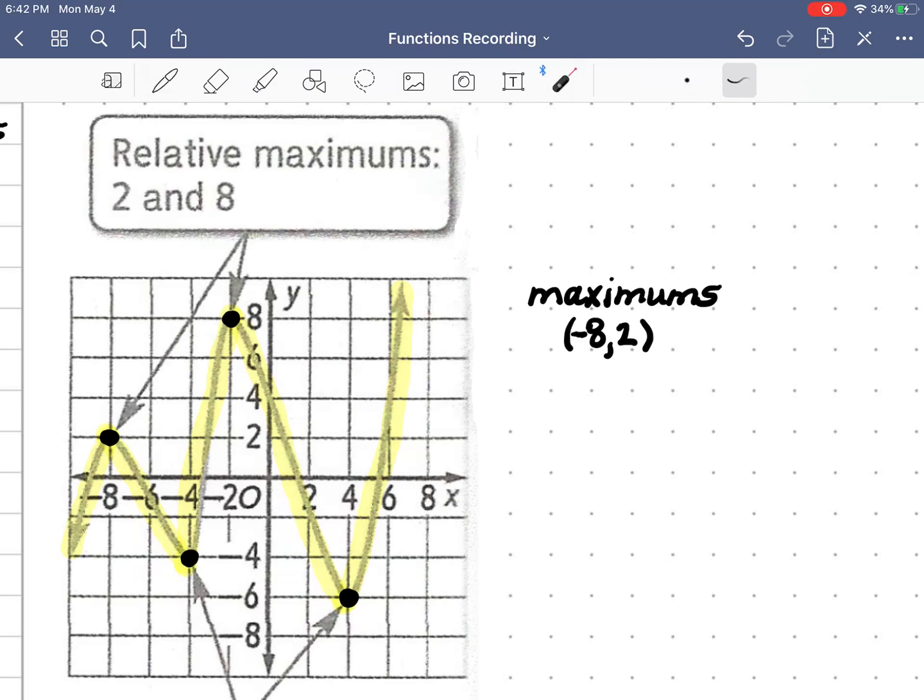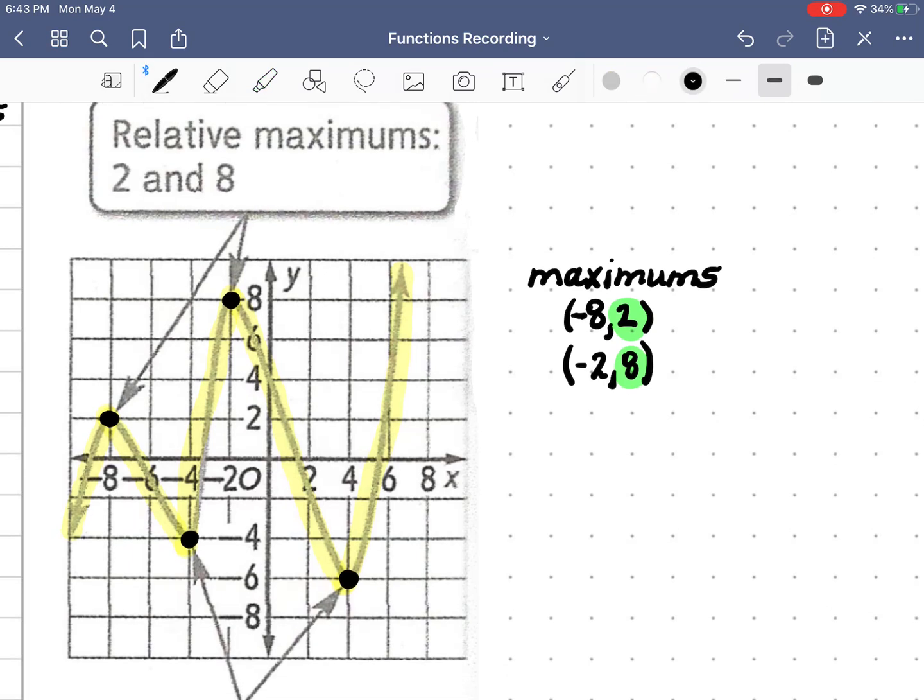And then I have another maximum right there. That is back 2 and up 8. And remember, maximum deals with highs and lows. It's particular highs. That is a y function. So you're going to use a 2 and an 8. Those are the maximums.